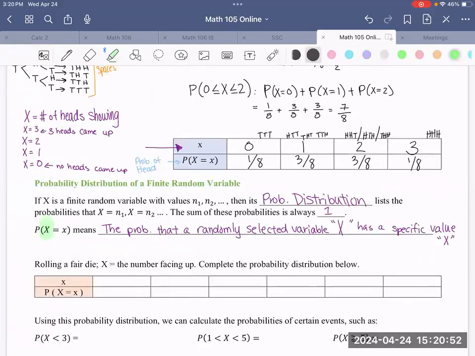So big X is your random variable being selected, and this little x here is just your specific value.